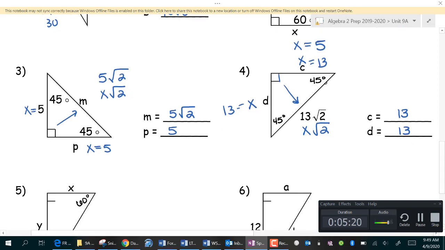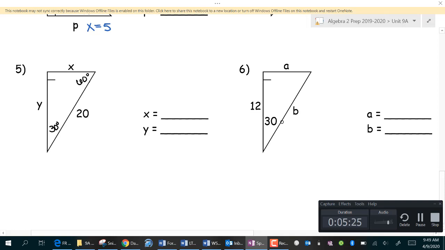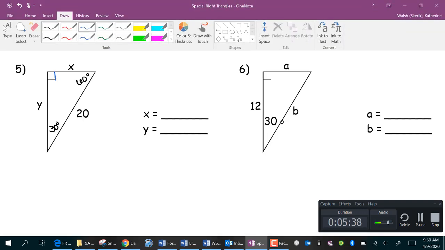Okay, I have two more examples for you. So the last two are both 30, 60, 90 triangles. So in this case, I gave you the side across from the 90-degree angle. So again, first thing I'm going to do is label my triangle.